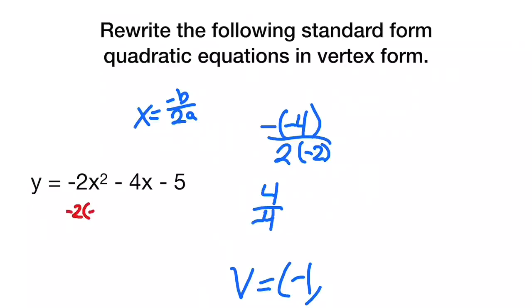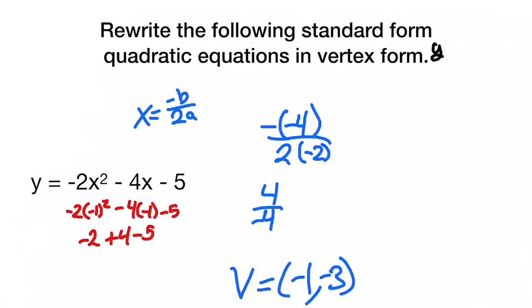Now to find y, what I have to do is I have to plug that in. So -2 times negative 1 squared minus 4 times negative 1 minus 5. Now negative 1 squared is just 1, so negative 2 times 1 is just negative 2. This becomes plus 4 minus 5, which means my y value is negative 3. Now I just have to plug it into vertex form.